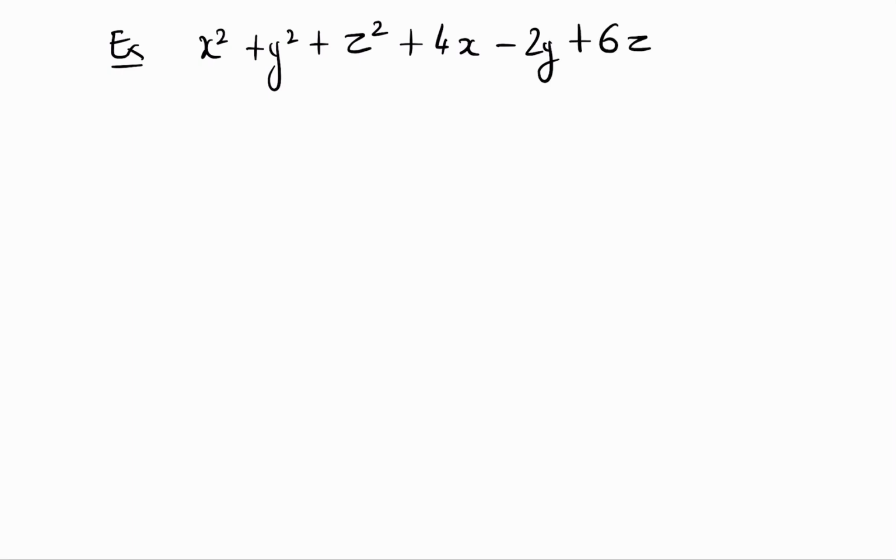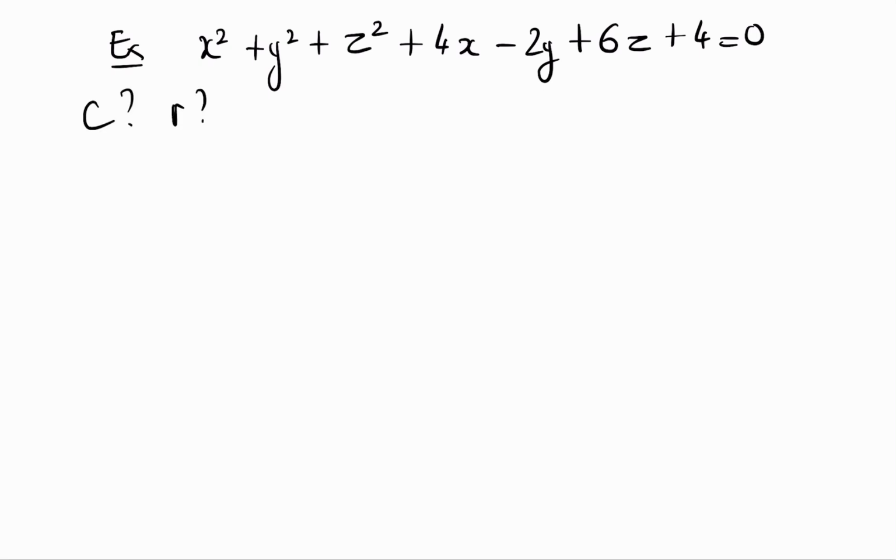Another kind of problem could be, you are given this equation here: x squared plus y squared plus z squared plus 4x minus 2y plus 6z plus 4 equals 0. So what's the center and what's the radius?